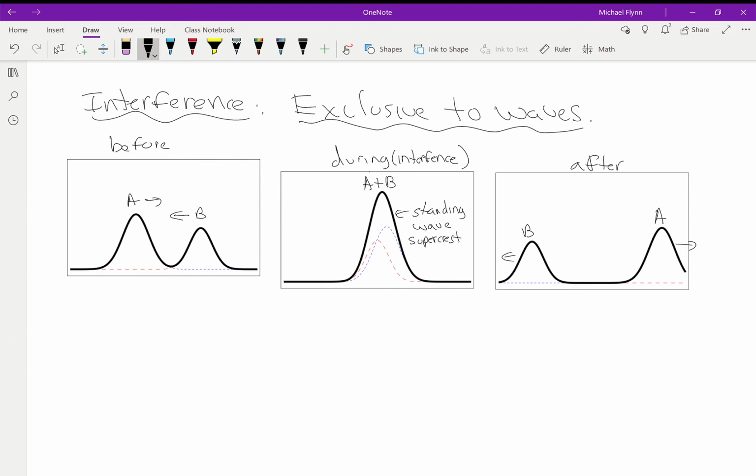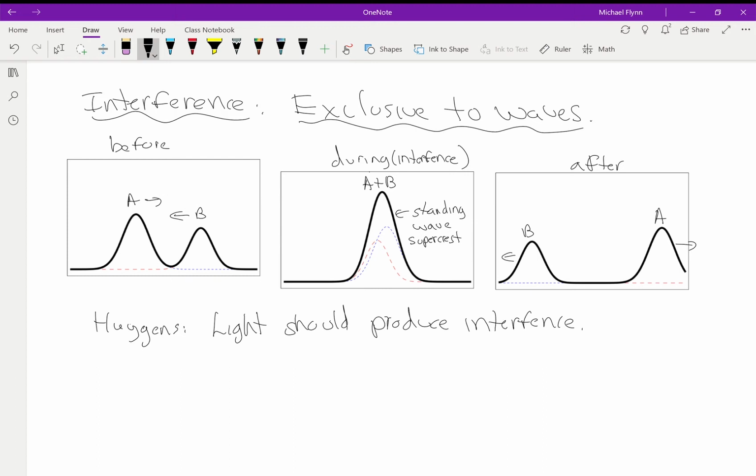Now, according to Huygens, light should produce interference.